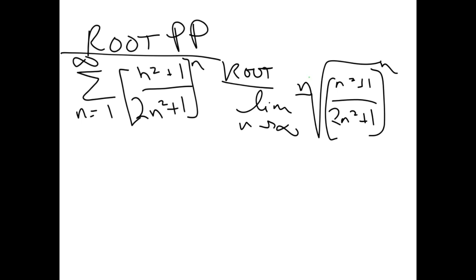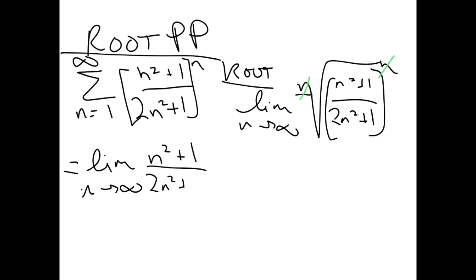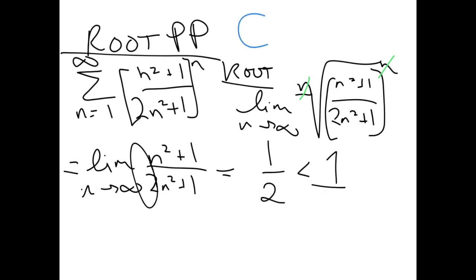So these undo each other, and we're left with the limit as n goes to infinity of n squared plus 1 over 2n squared plus 1. We're looking at the highest powers and the coefficients on them. That's going to tell us that our limit is equal to 1/2. This is less than 1. So what does this do? This converges. Cool.